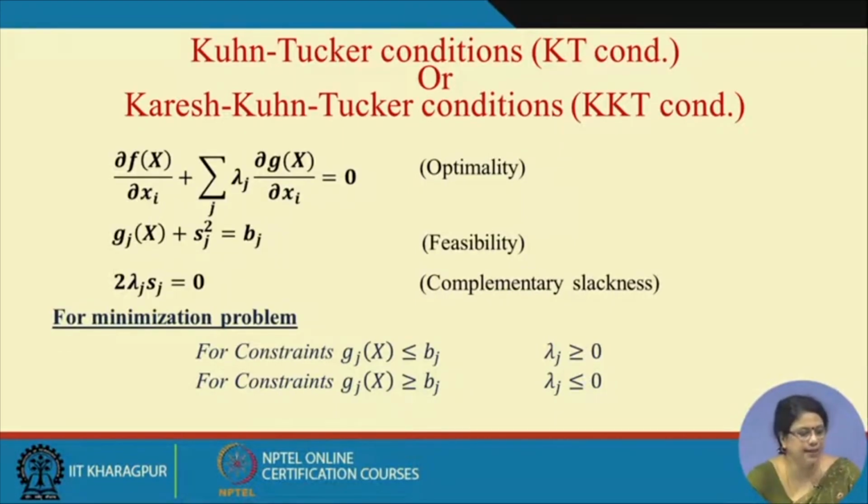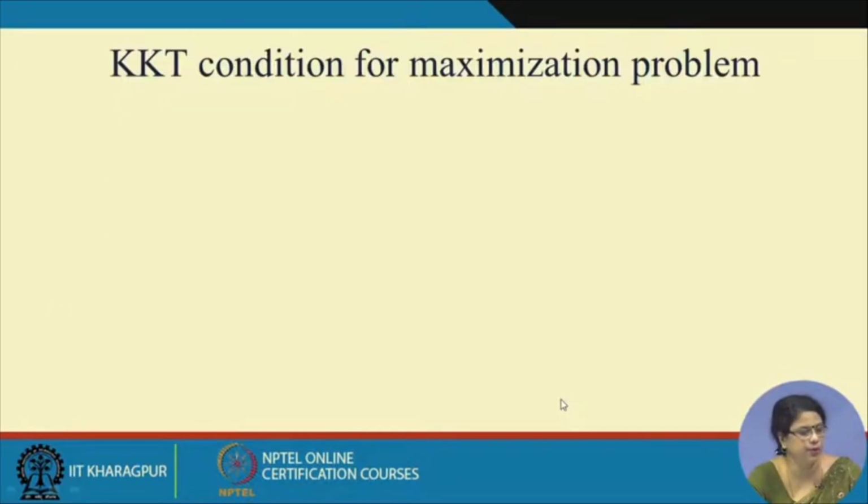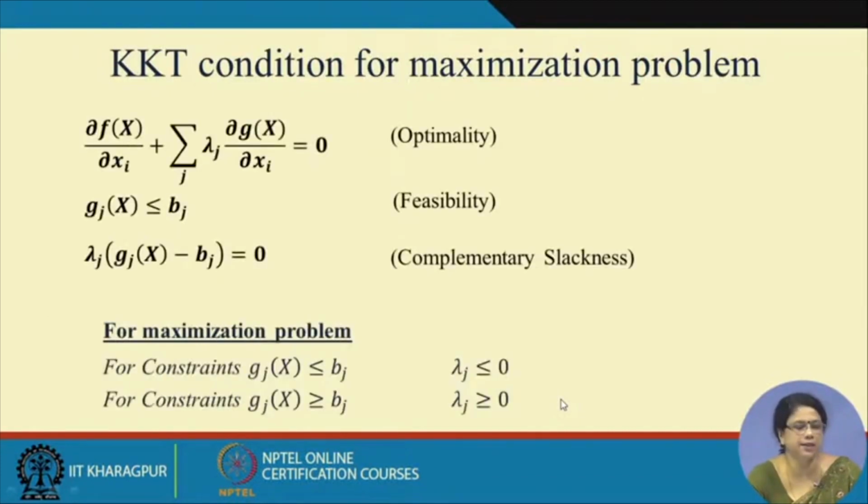Otherwise, if it is greater than 0, the corresponding constraint would be inactive. And for a constraint of type greater than or equal to, we will have the multiplier less than or equal to 0. The same set of conditions can be repeated for the maximization problem as well.